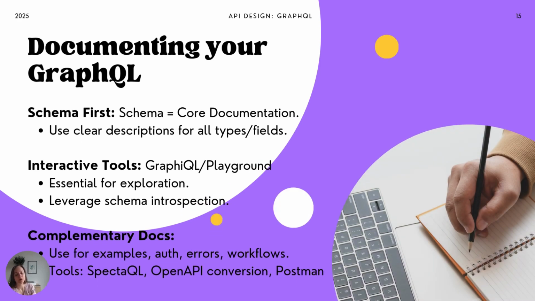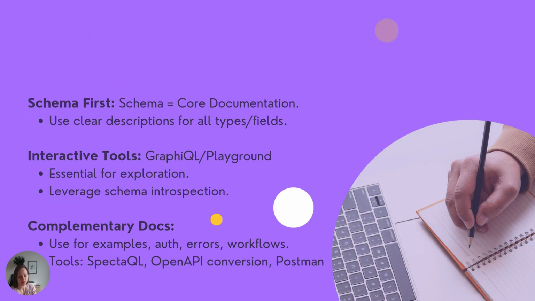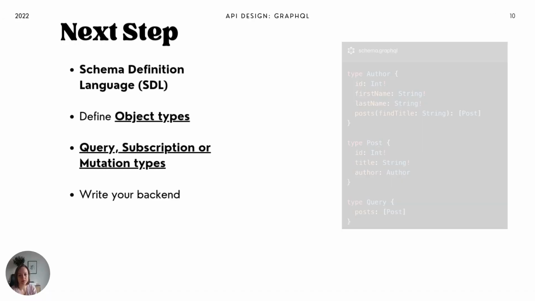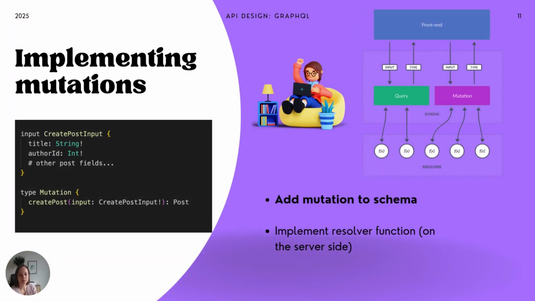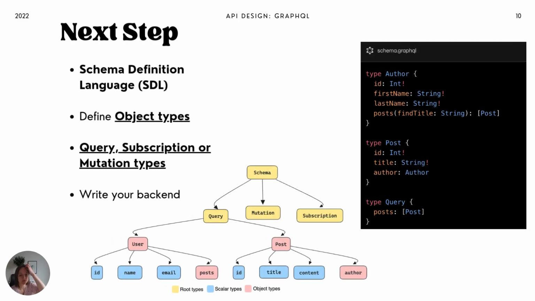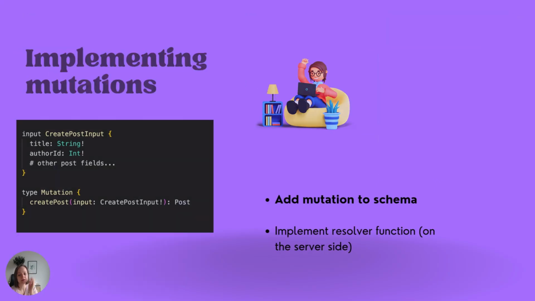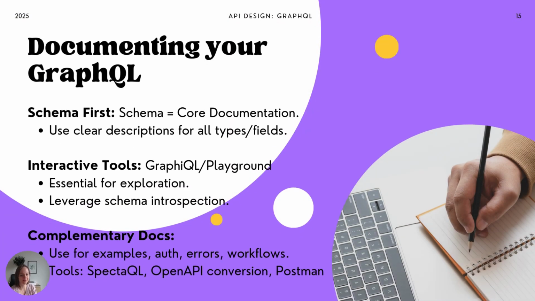And what does it mean? Schema first is your core documentation. So this document that will have the definition should have as much information about your data as possible. So comment on what these types mean, what these entities mean, what the fields mean, and so on. So this is your first line documentation, and clear descriptions and comments, right?